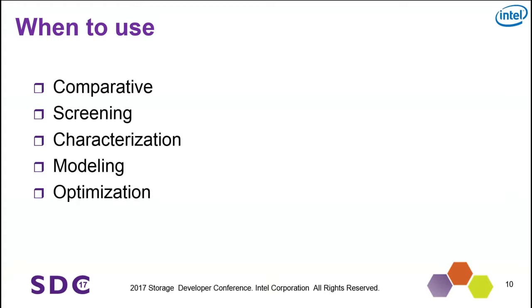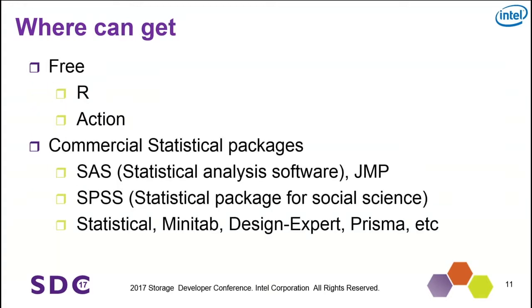You want to screen out which factors have the most impact on the output you care about, so that in the future you know how to tune the values to meet your goal. And then it allows modeling and optimization. You can get it from R, Minitab, and other commercial statistical packages like SAS, JMP. That is what I use most of the time, and the rest.